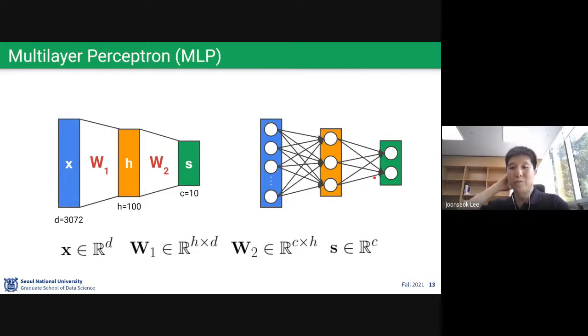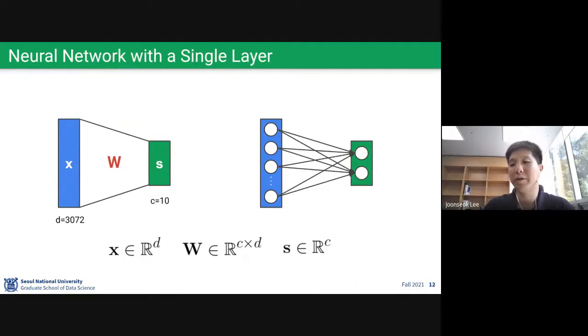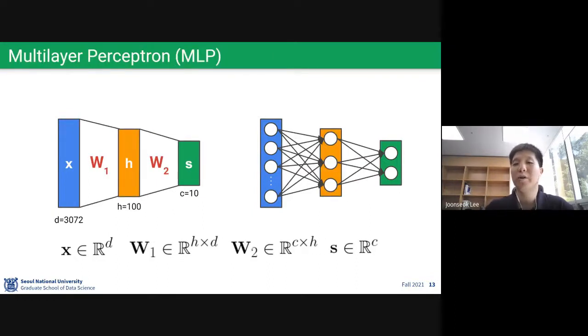And now, using this single layer perceptron as a building block, we can stack them to have a multi-layer perceptron. So in the first part, we map the d-dimensional input vector to an h-dimensional space, here 100. And then it's another vector of 100 dimensions, and then we send it to a 10-dimensional vector of scores.